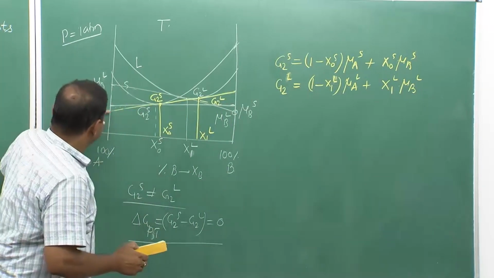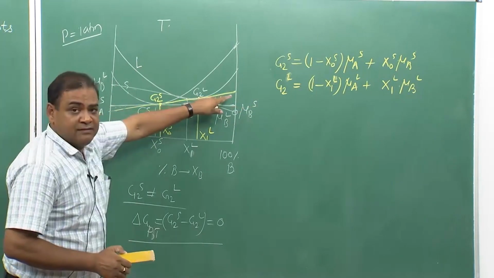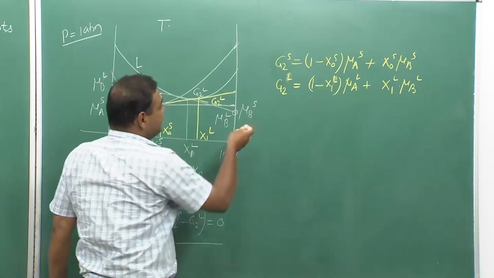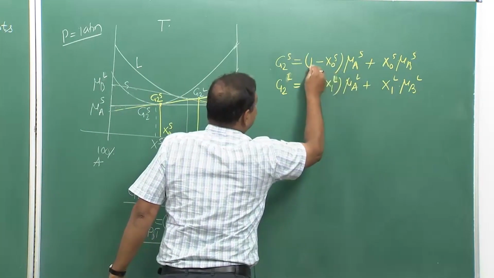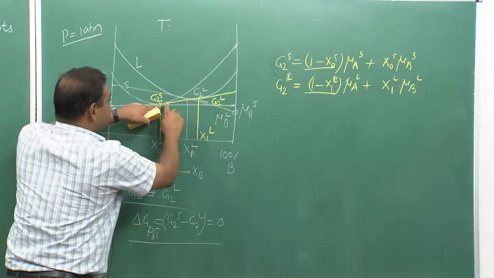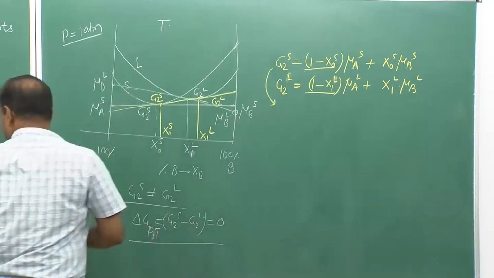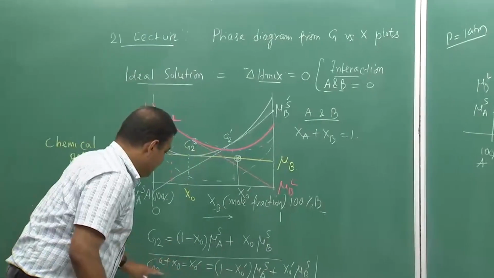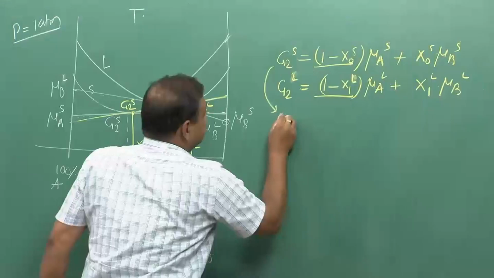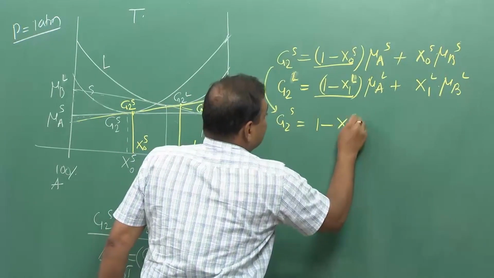So, that means these 2 equations are indicating the same line, and then if it is the same line, I can, as per this particular shifting of points, also shift there, and at that time I can write G2S equal to 1 minus X1S.